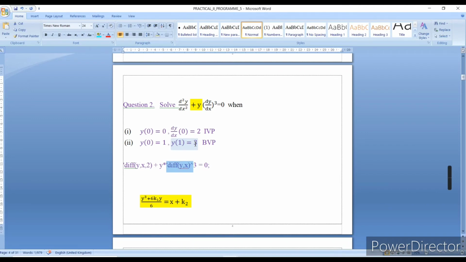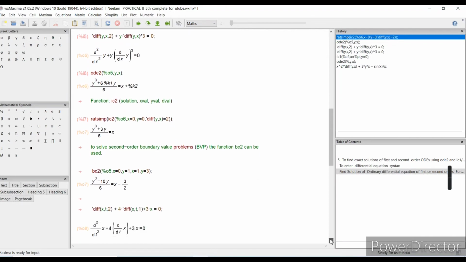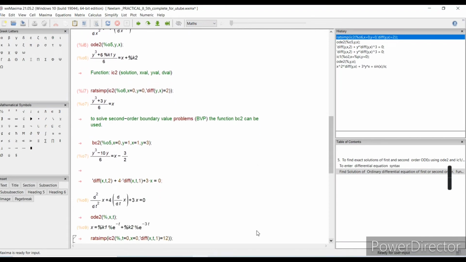First you will put these two conditions in your solution. Writing x equal to 0, y becomes 1, and you will obtain two equations in k1 and k2. Manually you will solve first and then verify the answer in MAXIMA software.